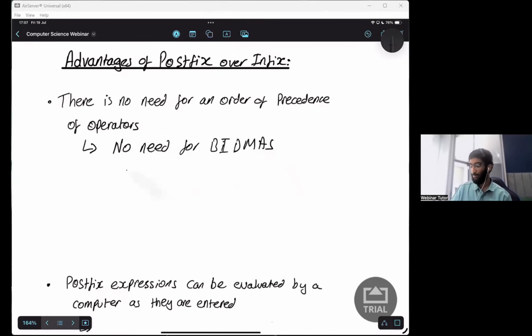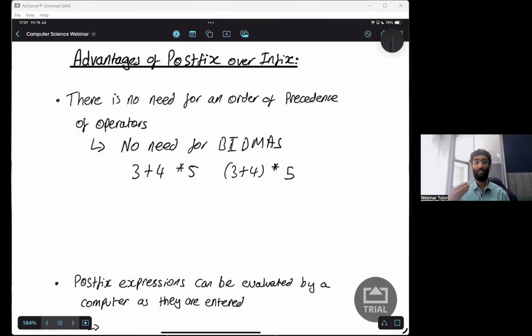As you saw previously, 3 plus 4 multiplied by 5 and (3 plus 4) multiplied by 5 give you two very different answers. One gives you 23, one gives you 35. And that's because of the presence of brackets. But if we were to remove the brackets in a more complicated expression, that would be a lot more ambiguous. And that's why using postfix gets rid of BIDMAS and therefore gets rid of the ambiguity.